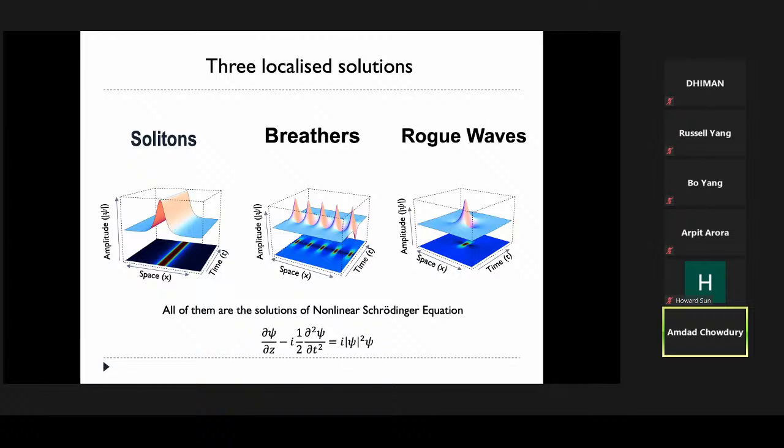The equation looks like this, and I will be talking about this equation a bit later, but the focus will mainly be on these three solutions. These solutions usually happen in optics, as solutions of this equation. I will go one by one and talk about their main features.